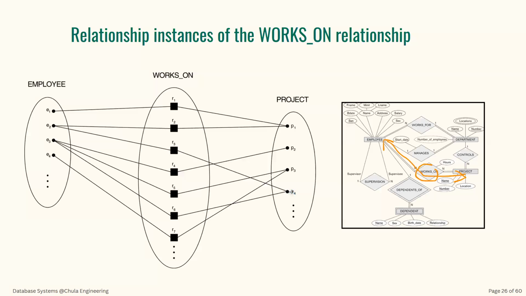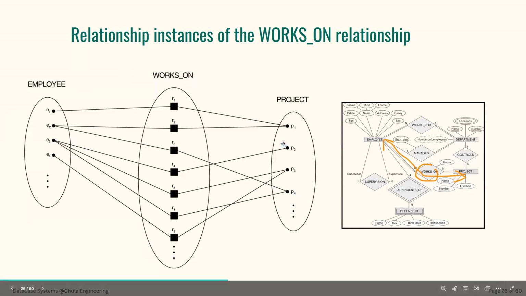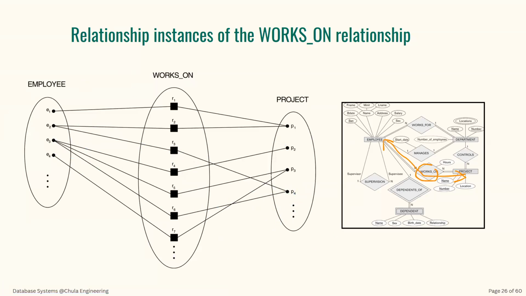So in this regard, is it one-to-one, one-to-many, or many-to-many? You can see here, P4, you have employee E2, and you also have employee E3. So in this relationship, is it one-to-one, one-to-many, or many-to-many? Who says one-to-one? Who says one-to-many?